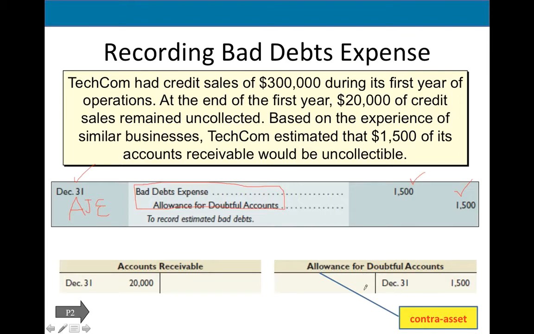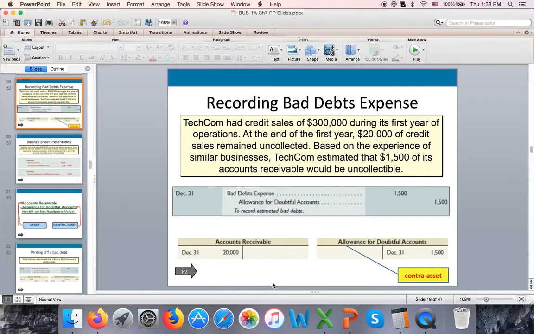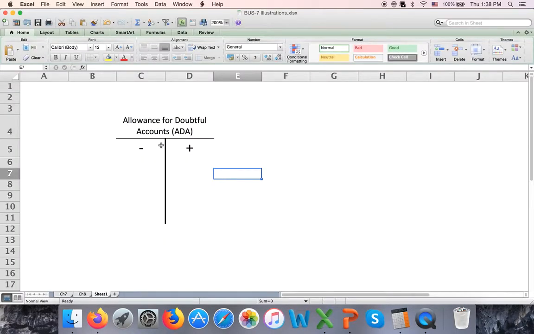Guys, look at this account, Allowance for Doubtful Accounts. It's a contra asset. I want to show it to you. This is a T account, Allowance for Doubtful Accounts. It's a contra asset. Just contra asset. It's a permanent account, it's an asset, it's listed among assets, but it has the opposite signs, minus, plus.